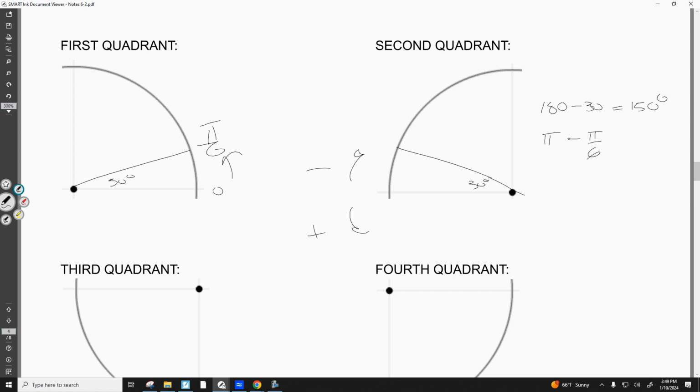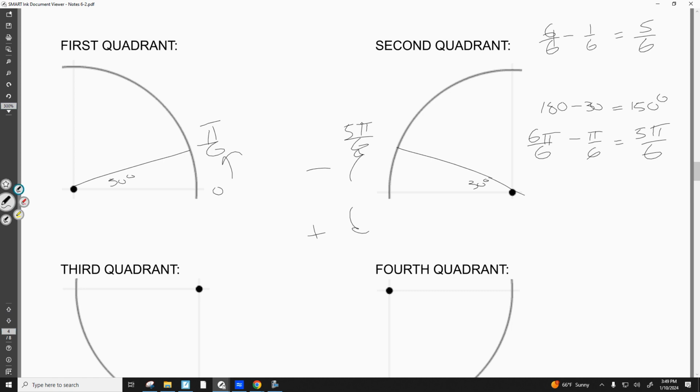What's 1 minus a 6? Tell your neighbors what 1 minus a 6 is. 6 sixths minus a sixth is 5 sixths. 6 pi over 6 minus a pi over 6 is 5 pi over 6. This 150 degree angle is equivalent to an arc length or a radian measurement of 5 pi over 6.